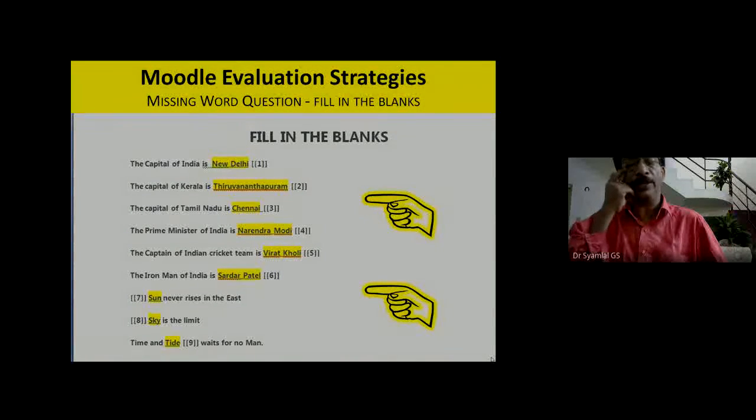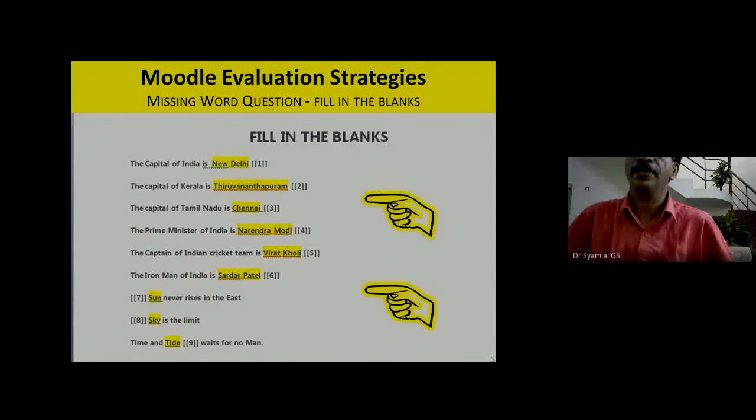The capital of Tamil Nadu is Chennai. That in brackets 3, one bracket, two bracket, inside that the number 3. The Prime Minister of India is Narendra Modi. One bracket, two bracket, inside that the number is 4.